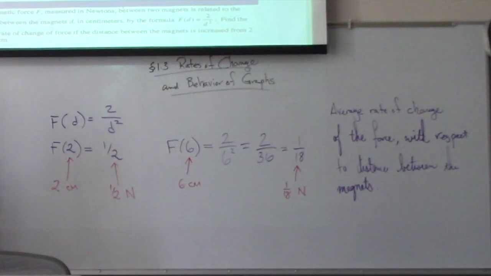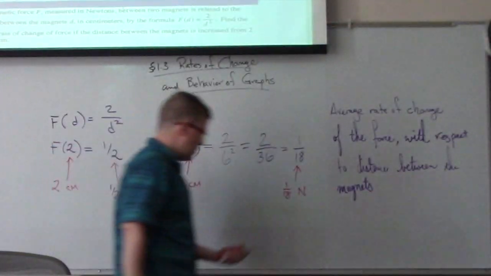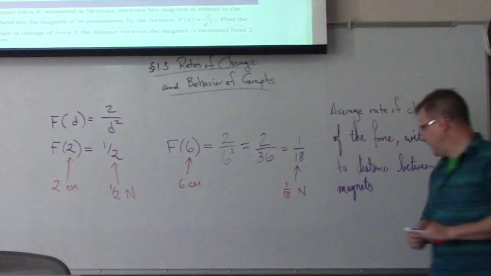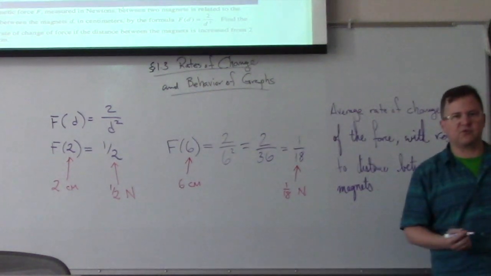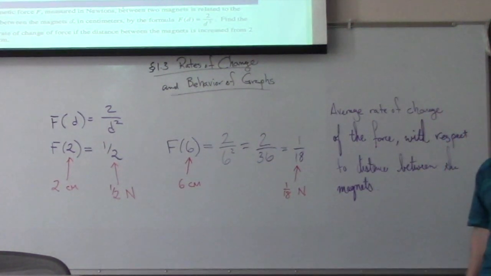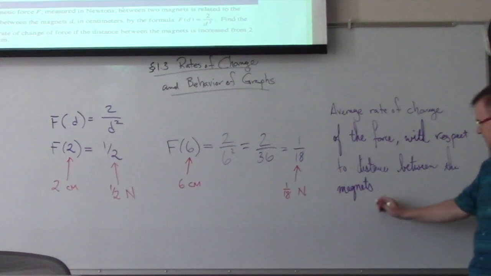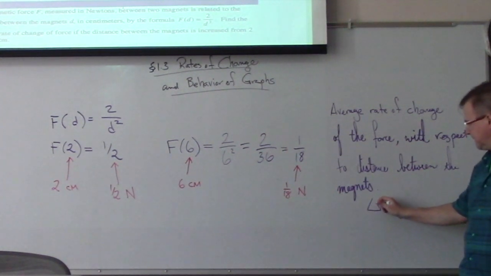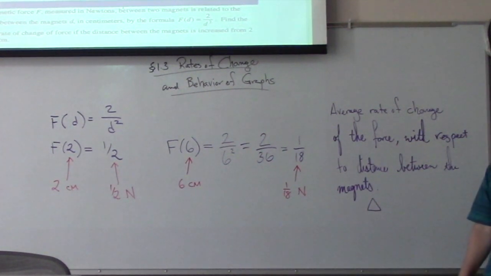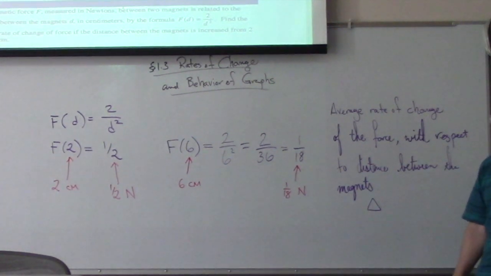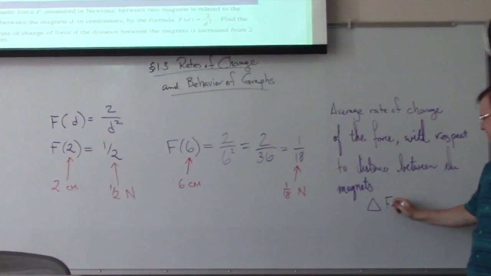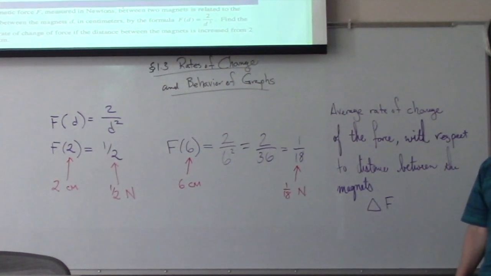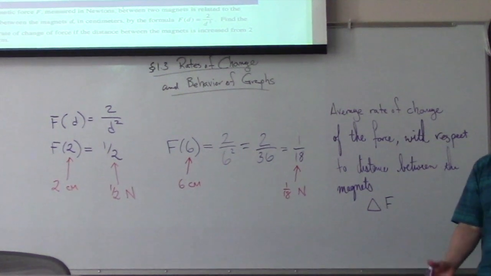Okay. So what we're going to do, and this might be a new symbol, this is a letter from the Greek alphabet. This is also used a lot in math and in science. Triangle, also known as delta. We're going to subtract the forces, and that'll be the amount that the force changed by.